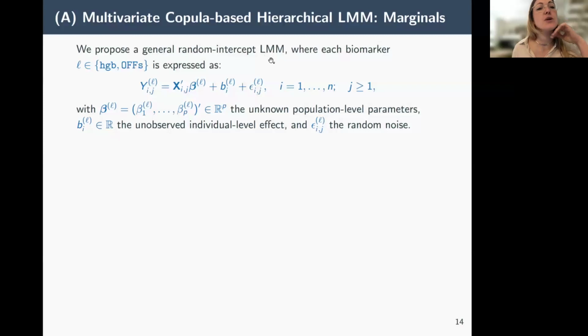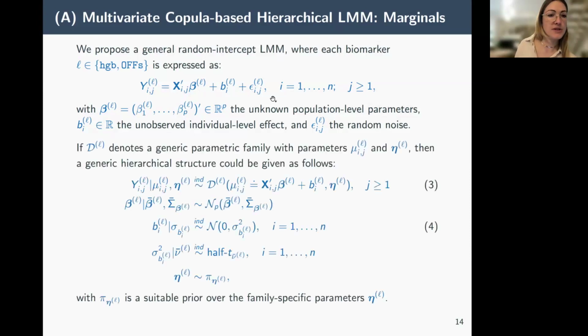As mentioned before, we propose a random intercept linear mixed model where the outcome of biomarker l for individual i at measurement j is represented as a function of some covariates with some specific unknown population-level parameters and some individual-level effects, plus random noise.